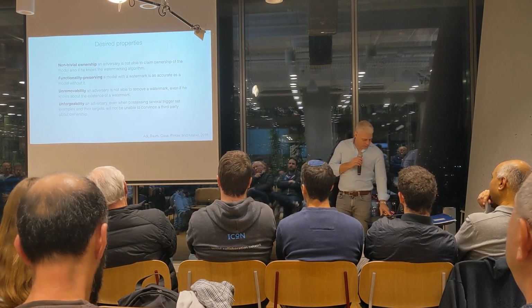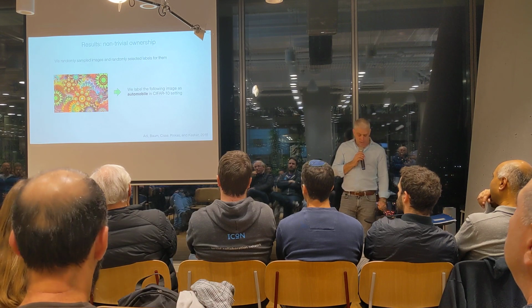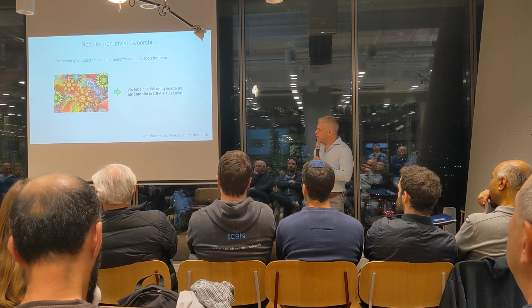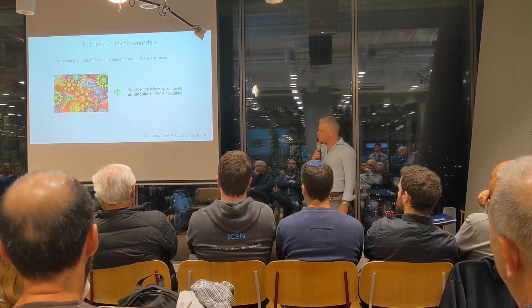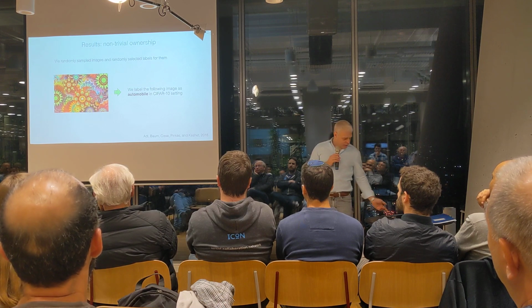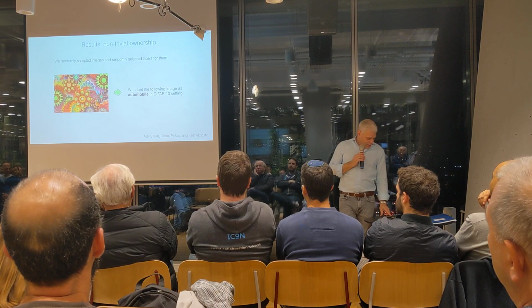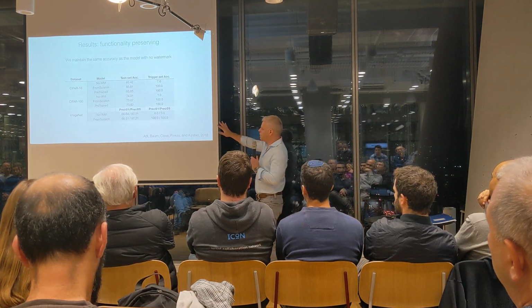Okay, so I will briefly go over each one. Non-trivial ownership can be done by just using random images and then attaching a label to each of them in a random way. Here we attach a random label, automobile, from CIFAR-10. Functionality preserving is something that we show empirically.